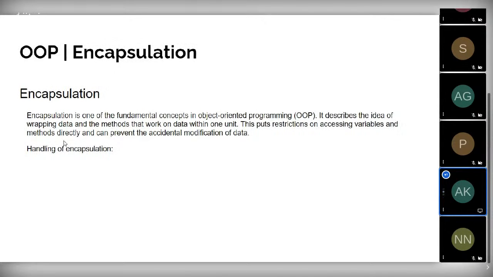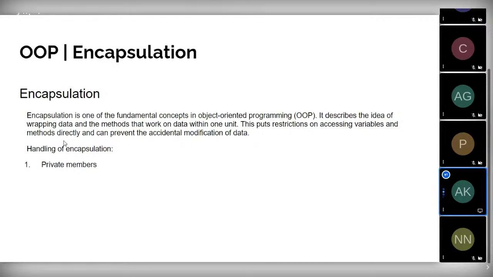Now, this is basically hiding the features. Sorry, this is handling of encapsulation. I'm giving you the example of handling of encapsulation, but this property is called hiding the information. To hide the properties, I told you that in a class there are two things: first properties and second methods.